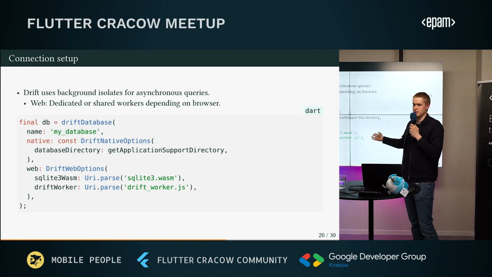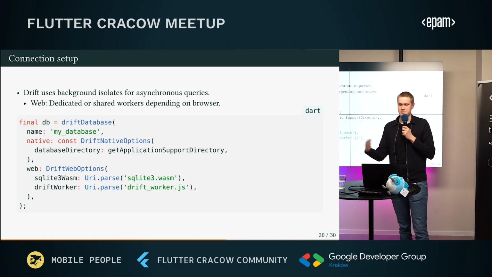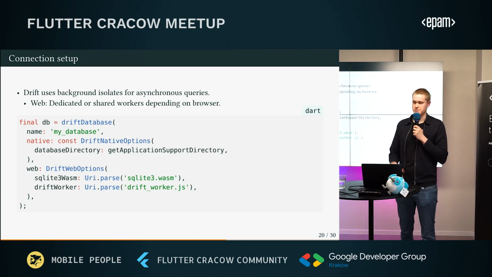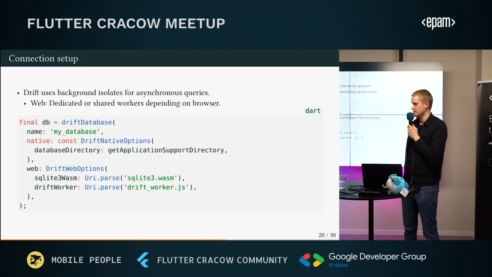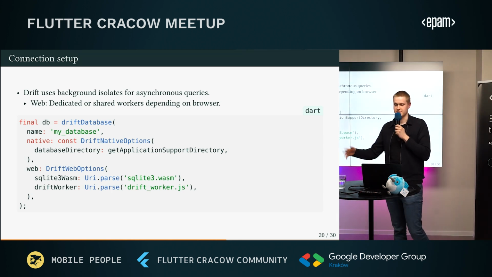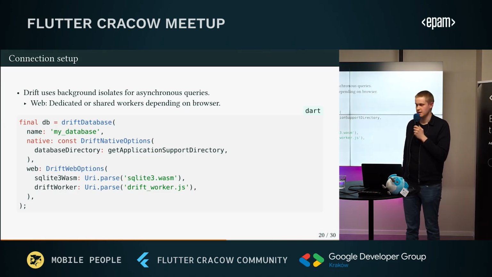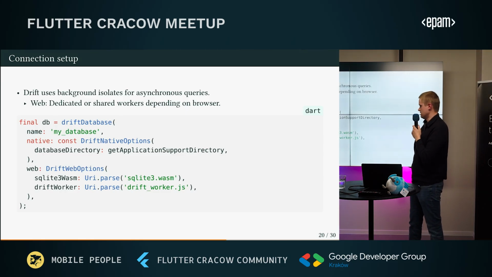This is also a pretty nice feature about Drift: Drift APIs on the web and Drift APIs on native platforms are exactly the same. You don't have to use conditional imports or anything like that. You just use it the way you would use any other Dart library, and you can expect it to work across all platforms. Internally, there's quite a bit of magic we have to make happen for that.